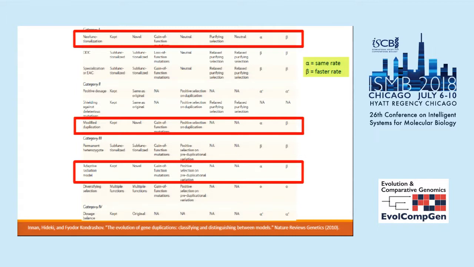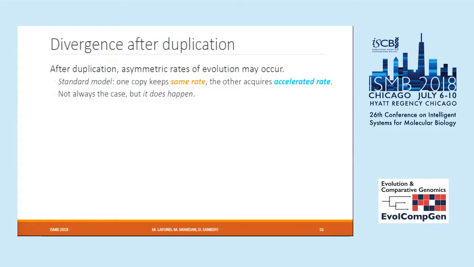For instance, in subfunctionalization, both copies start diverging or evolving together at a new rate. But really, my point is, okay, asymmetric rates of evolution does not always occur, but it does happen. And the whole question in this paper is, well, when it does, how well do orthology prediction methods fare?